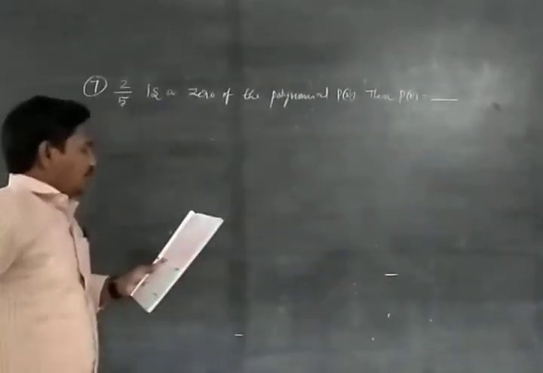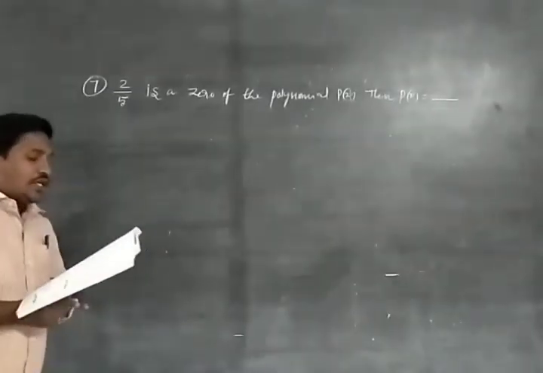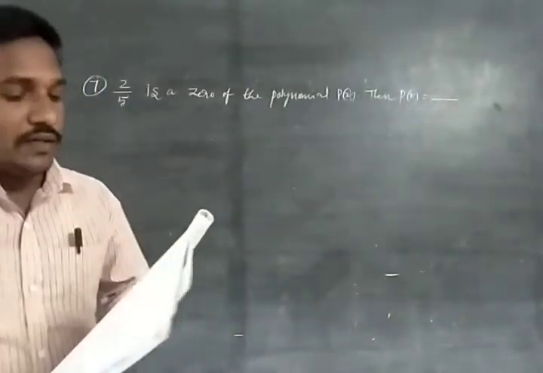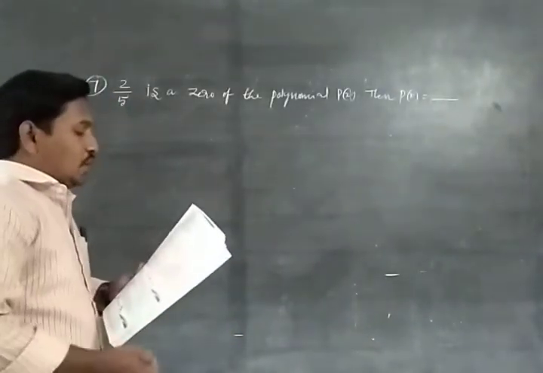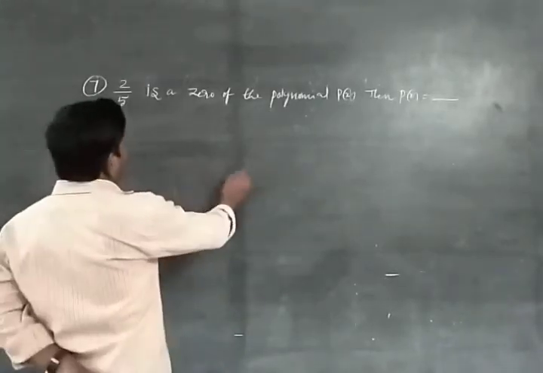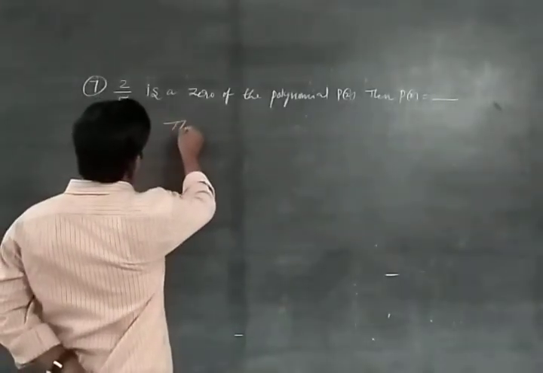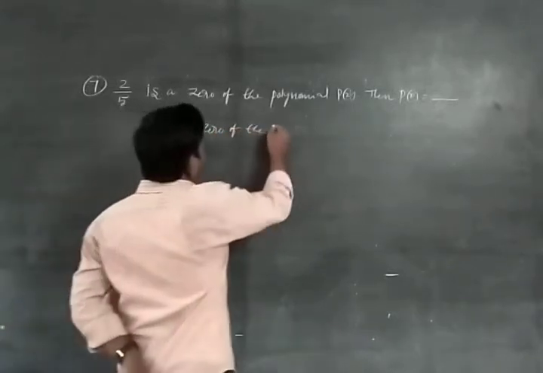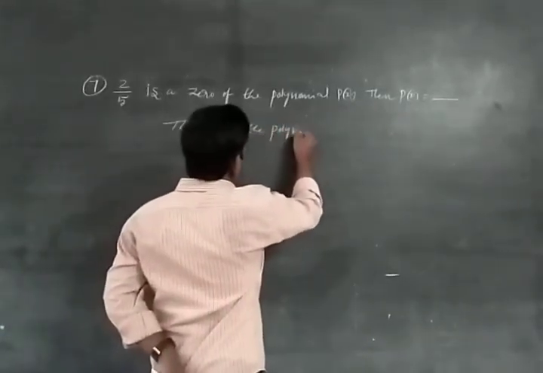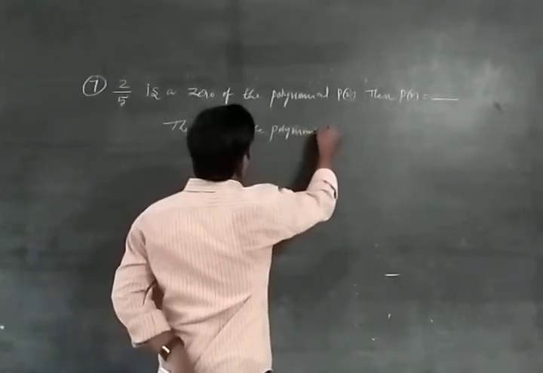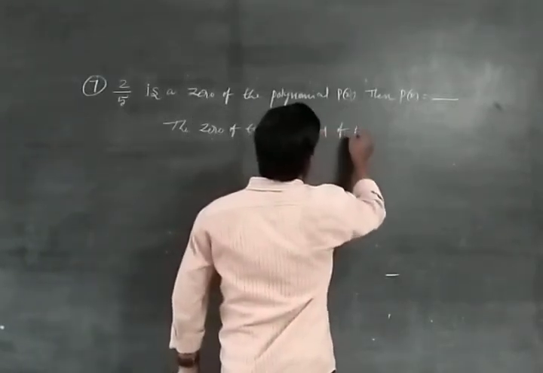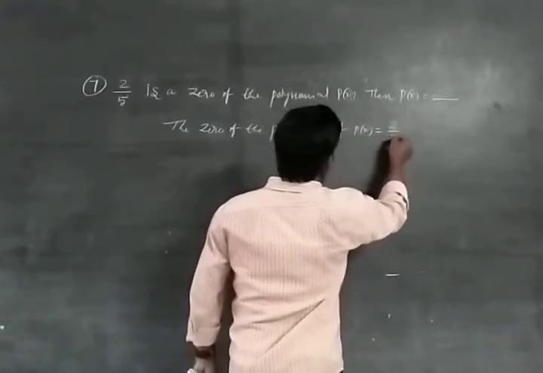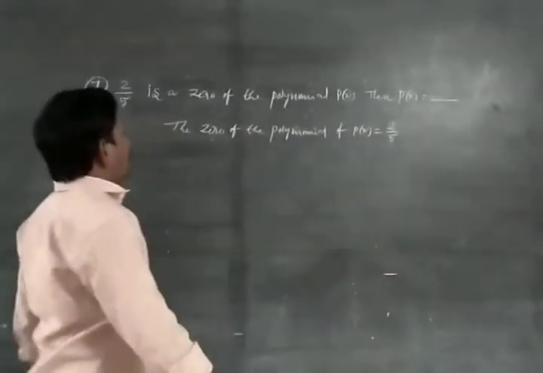Okay, now the zero of the polynomial is given. The zero of the polynomial of p of x equal to 2 by 5.